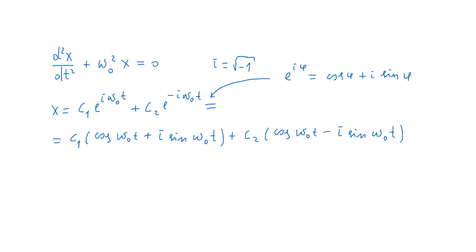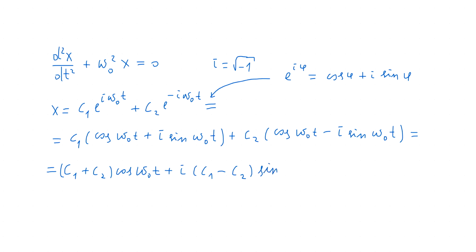After further transformation, we will get that (C1 plus C2) cosine omega 0 t plus i (C1 minus C2) sine omega 0 t.